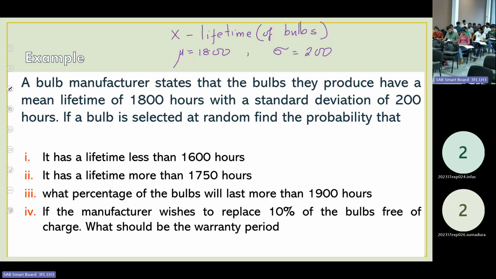And we know that this is a normally distributed variable, so we can write X follows normal 1,800, 200 squared. Less than 1,600, more than 1,750, more than 1,900, 10%.